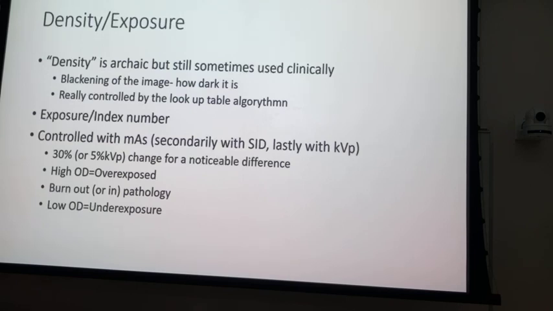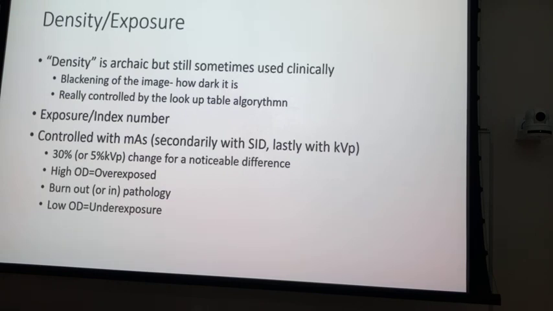What affects density more than anything else now is the computer algorithm, that lookup table we were talking about on Wednesday. So in as much as our exposure controls the density, that's really kind of an archaic term, and we've swapped that for exposure. Your index number is your indication that you got adequate exposure to the image receptor, your S number or whatever it is that you use.